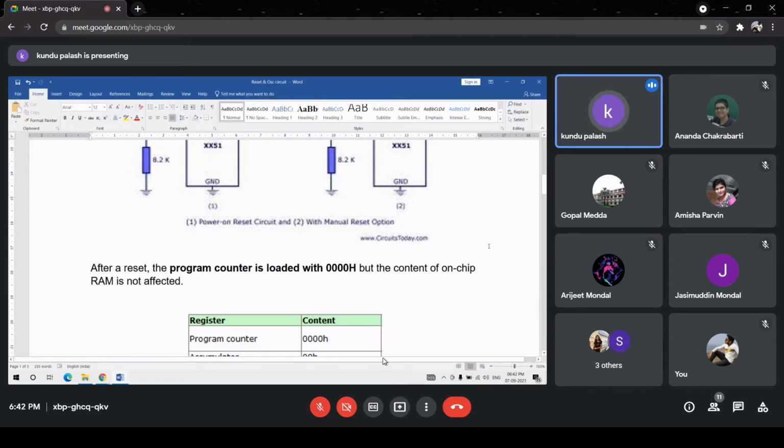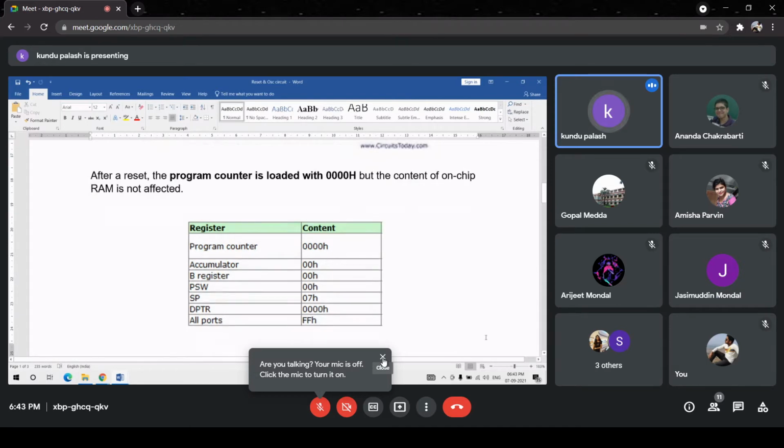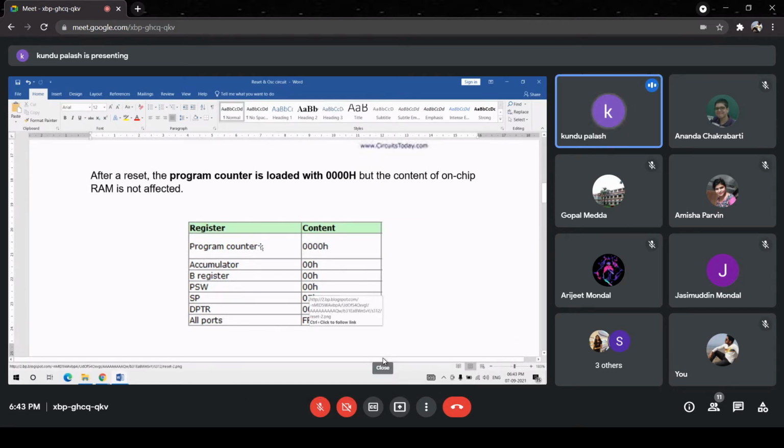In every microprocessor or sequential machine, that is microcontroller, there must be a program counter, and the program counter keeps track of the current address from which the instruction will be fetched by the microprocessor or CPU. In the initial lecture, I described the internal architecture of the 8051, which consists of a program counter, a 16-bit program counter.